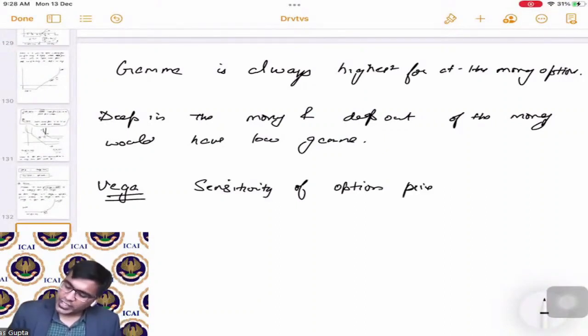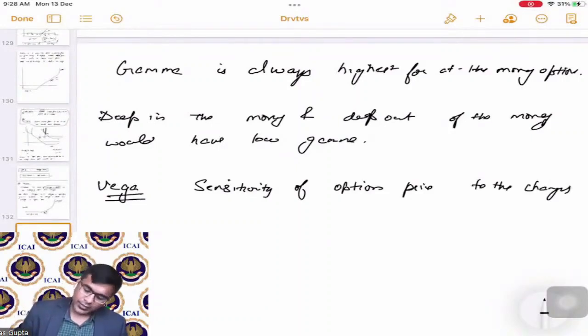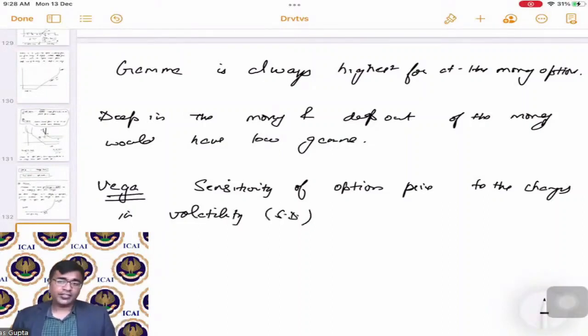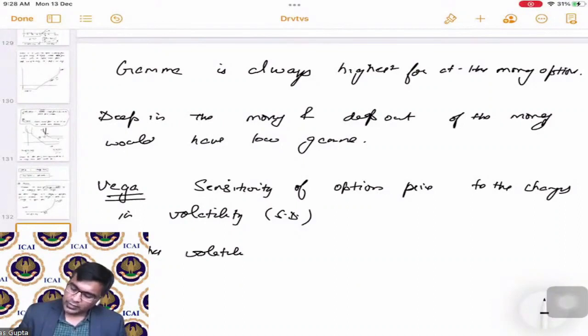to the changes in volatility, which is the standard deviation, correct? Which is the V that we are using. Higher the volatility. Now, all of you can tell because we have already discussed this. Higher volatility will mean higher D1.